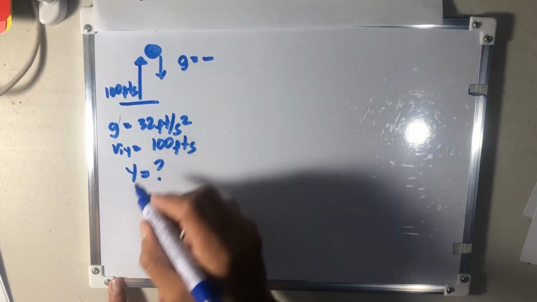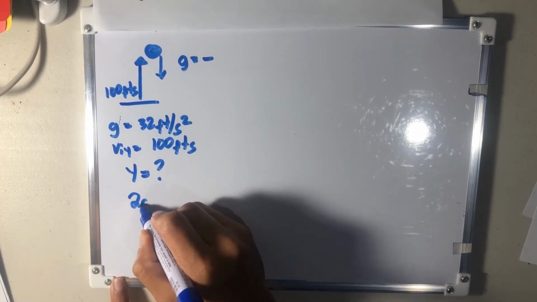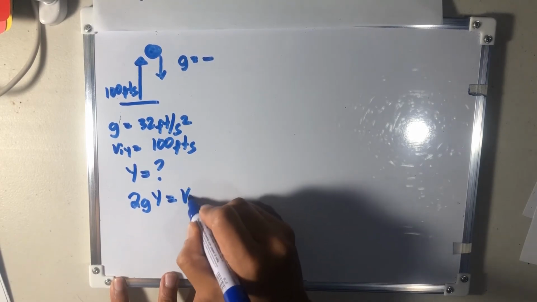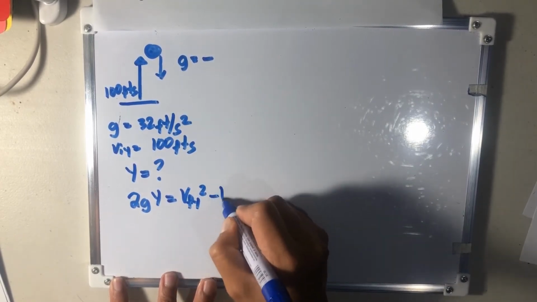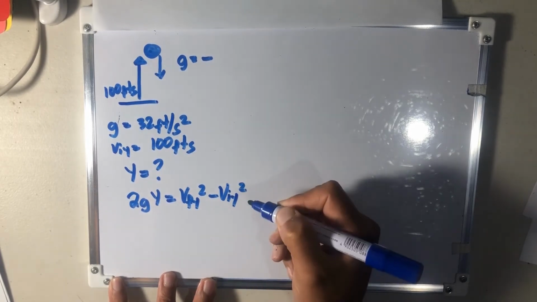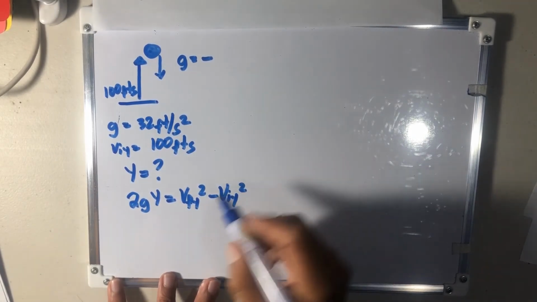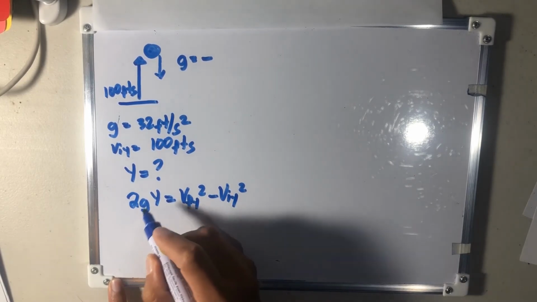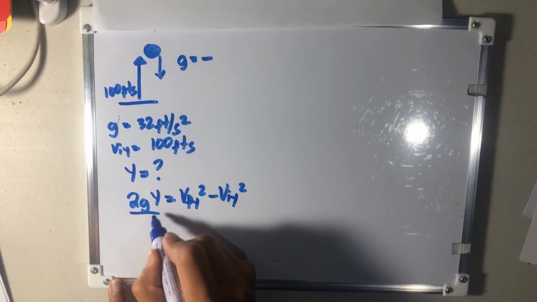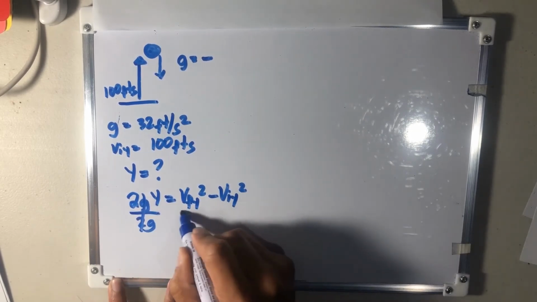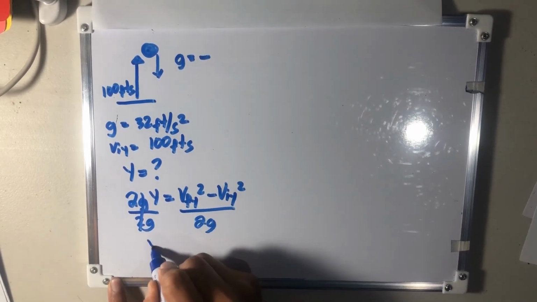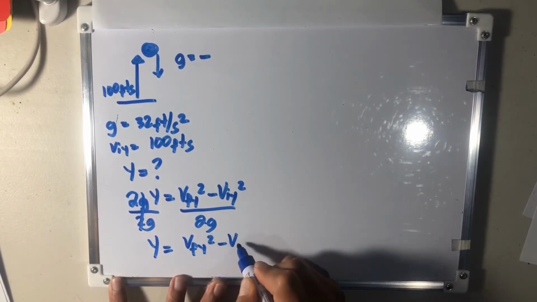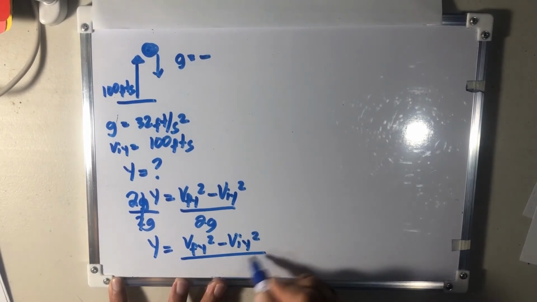Then from the formulas, we have 2gy is equal to vfy squared minus viy squared. We will use this formula since we know vfy, we know viy, and we know the value of g. So manipulating this formula, we will divide both sides by 2g so that we will have y is equivalent to vfy squared minus viy squared all over 2g.